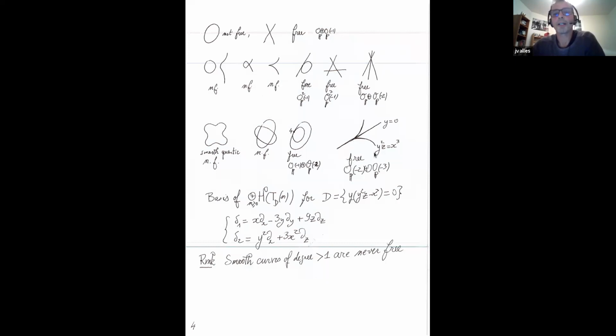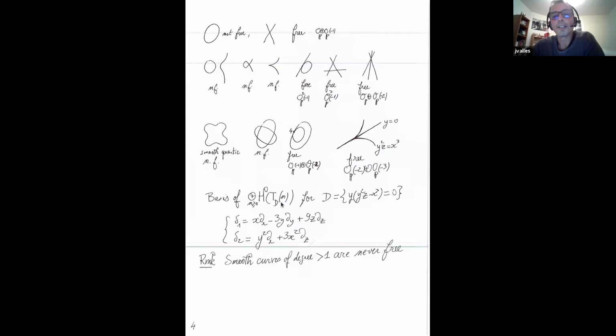The example here, y times (y^2 z - x^3), is a particular case of a general family of free divisors given by Smith and Toeneanu in 2012. And in this case, we can compute explicitly the two derivations or two vector fields that generate this module of tangent vector fields.